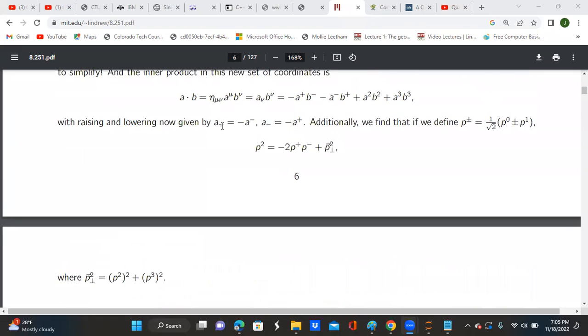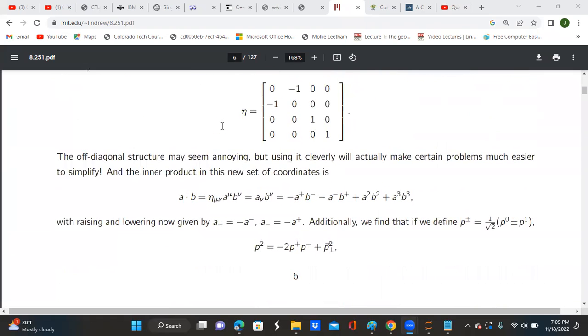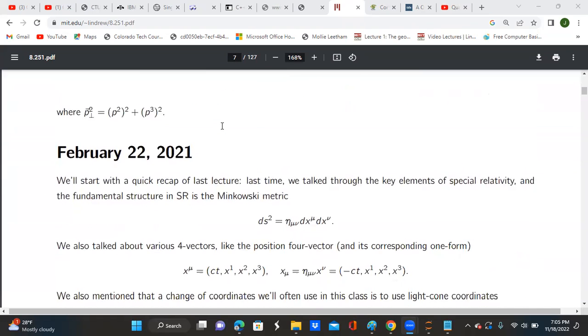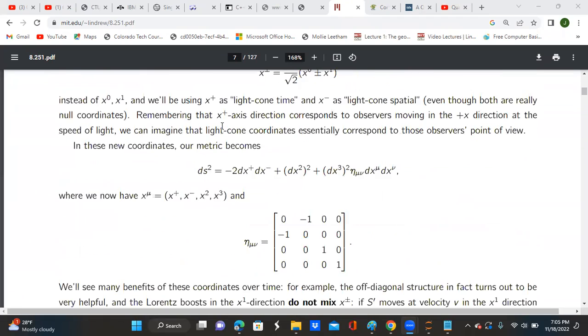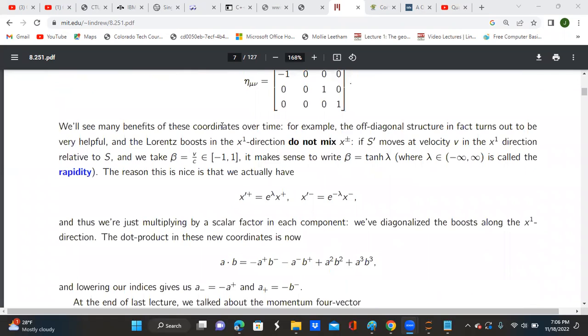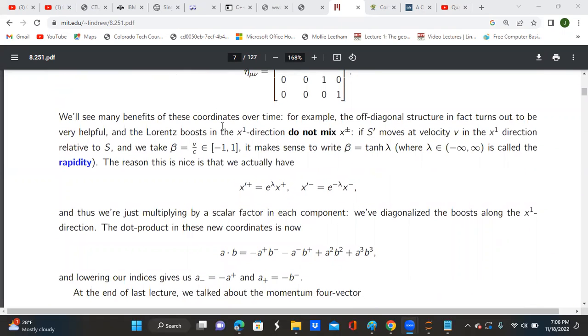This is an incredible PDF. This class is an incredible class. If you take it, it is very, very informative. It is extraordinarily complicated, I'm not going to lie.